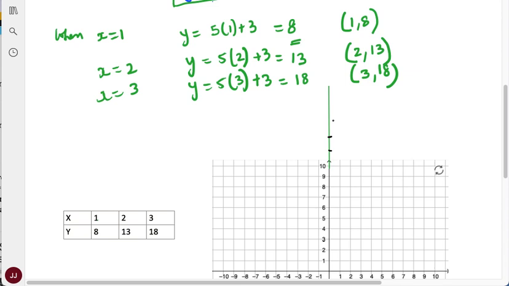11, 12, 13, 14, 15, 16. It goes beyond that.